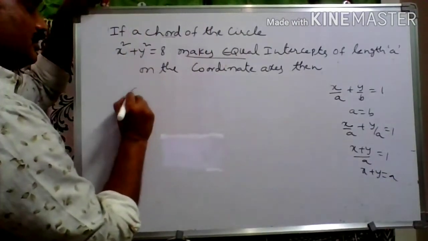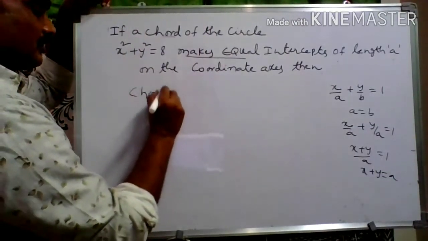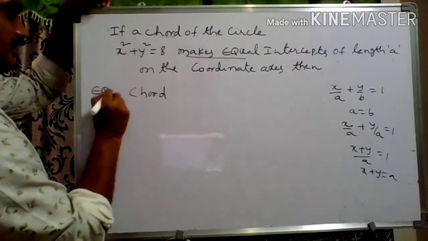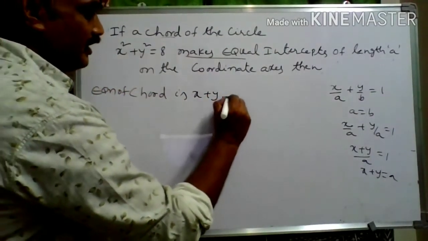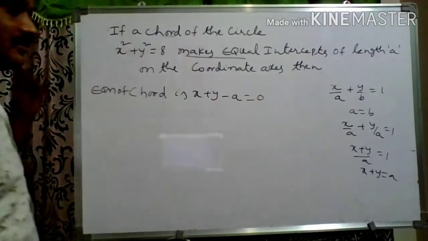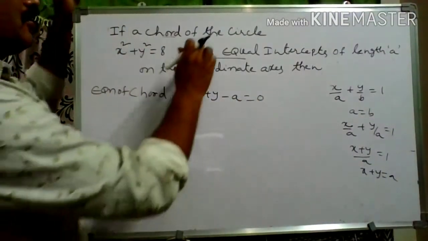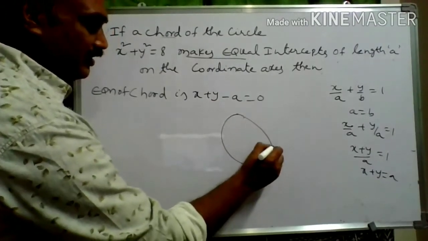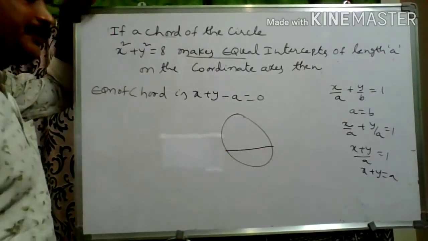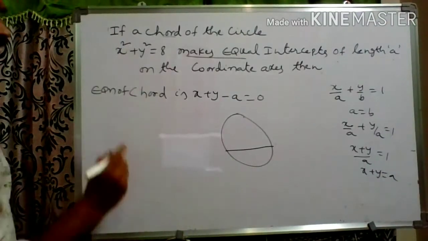Student, here equation of chord is x plus y is equal to A, or x plus y minus A is equal to 0. Friends, here the chord of this circle intersects the circle.